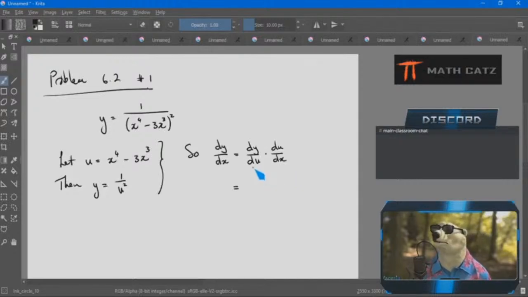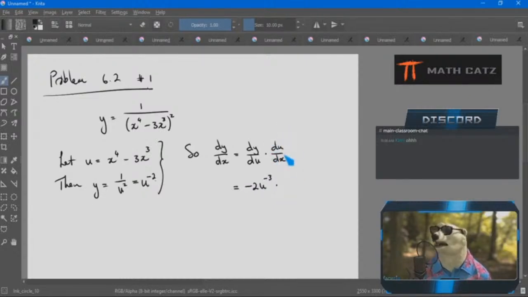First one is the derivative of y with respect to the variable u. So for that I look at the square, the outside function. And maybe I want to see it as u to the negative 2 so that I can easily apply the power rule, negative 2 u to the negative 3.